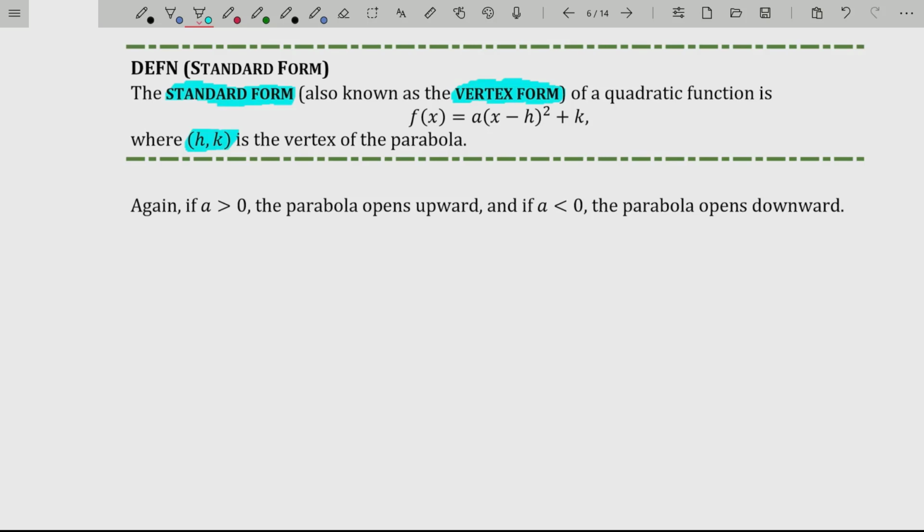The same rule applies as before. If a is positive, the parabola opens up. If a is negative, it opens down. And again, you should recall this from your Algebra 2 class.